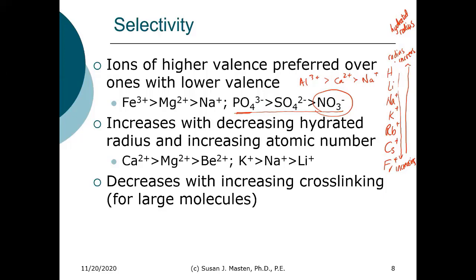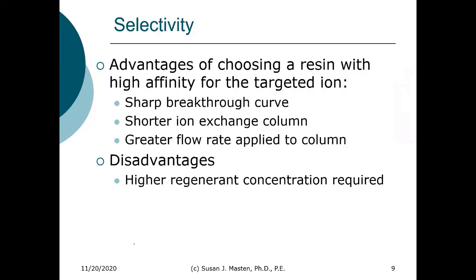And the other thing is that selectivity tends to decrease with increasing cross-linking. So if you're looking at two resins, especially with larger molecules, the selectivity is going to be less on a resin with a high degree of cross-linking. So it's important to understand this so you can get a sense of which resins are most appropriate.